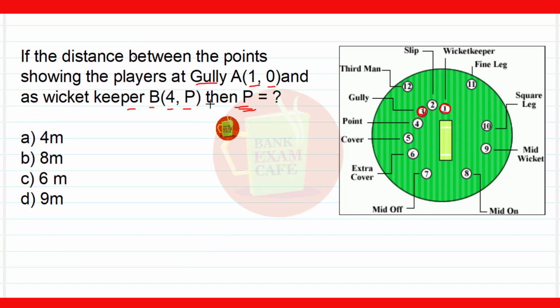And here in the question one thing is missing, that the distance between the gully and the wicket keeper B whose coordinates are 4 and P is 5 units. So this distance between these two is given as 5 units and you have to find the value of P.